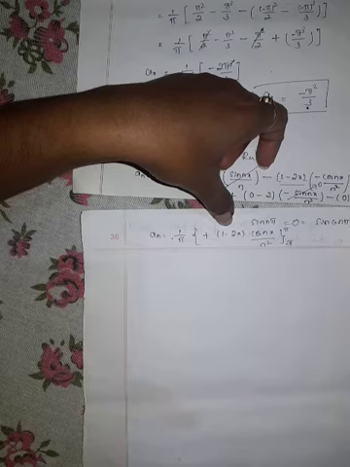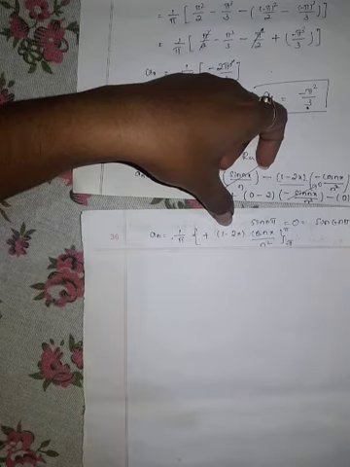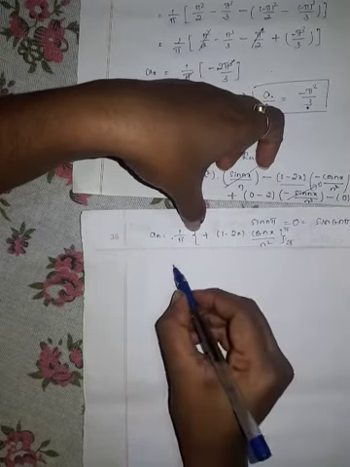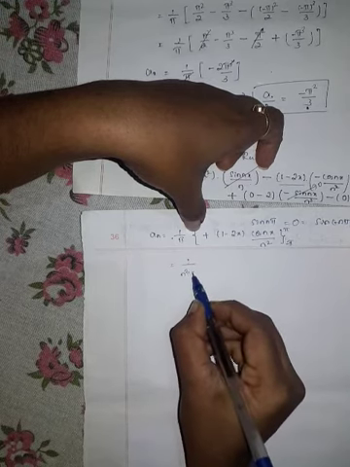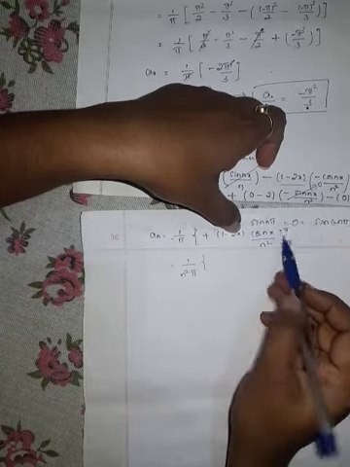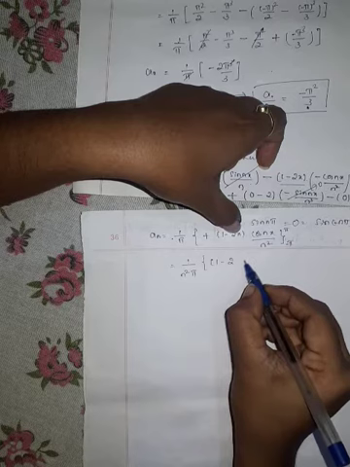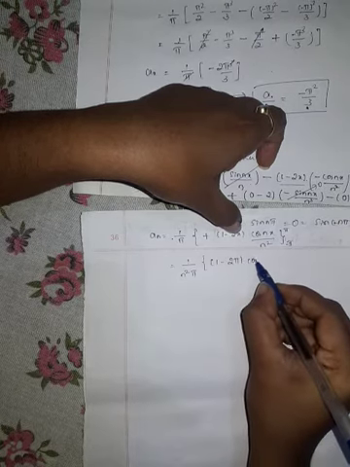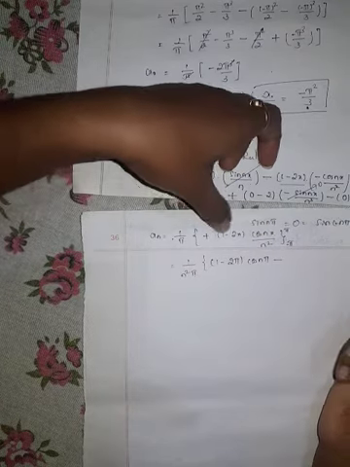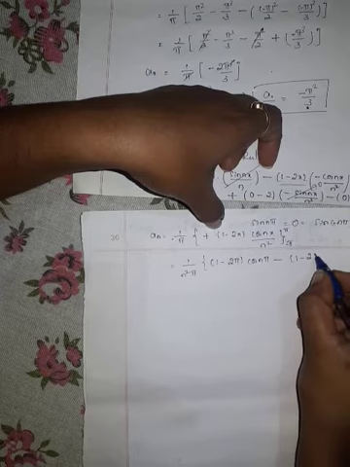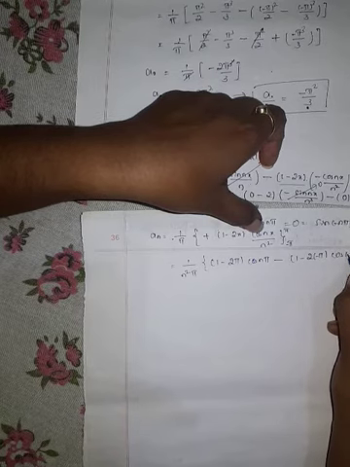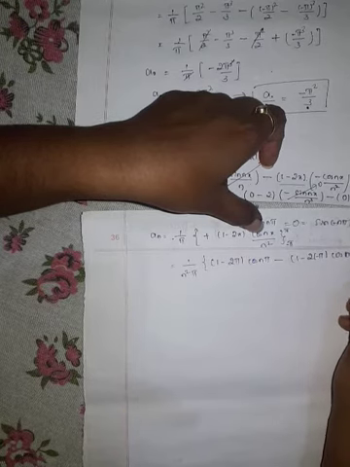Next we will apply the upper limit and lower limit. I take this n square to the outside, so this is 1 by n square into pi. Wherever x is there, put the upper limit as pi: 1 minus 2 into pi, cos n pi. Next we will apply the lower limit. Take minus, 1 minus 2 into minus pi, so cos n into minus pi.